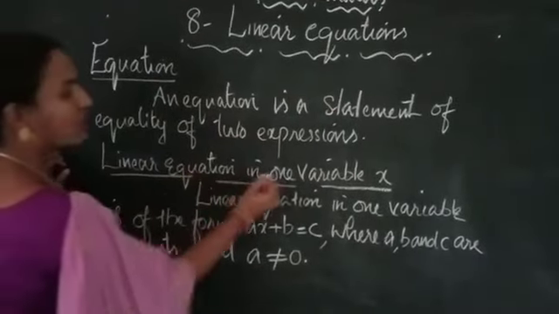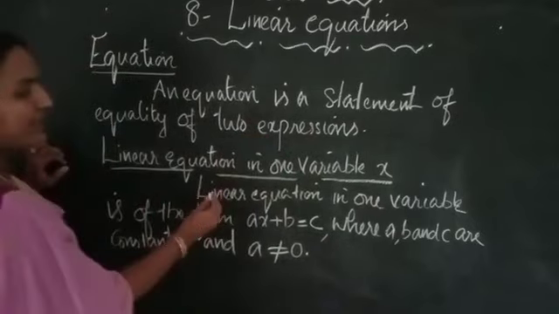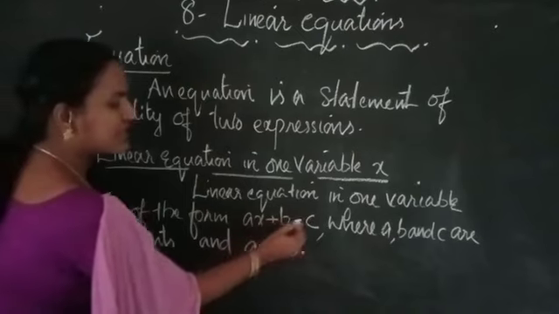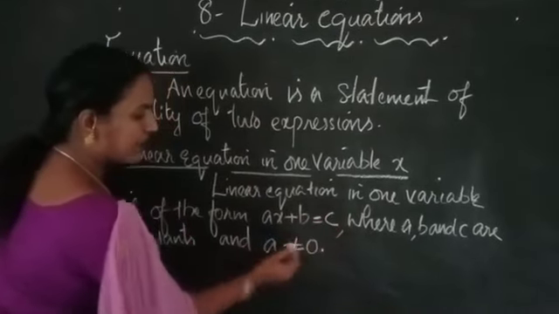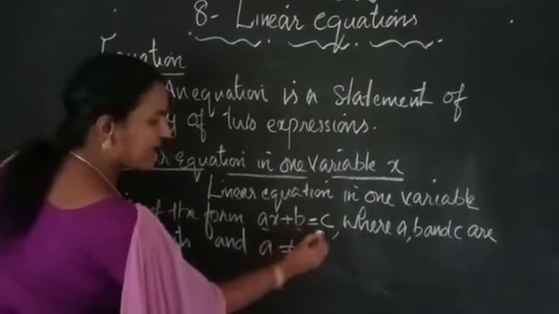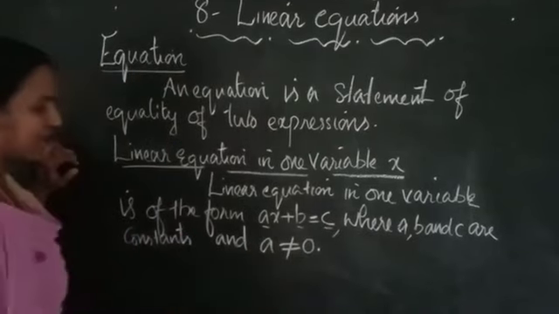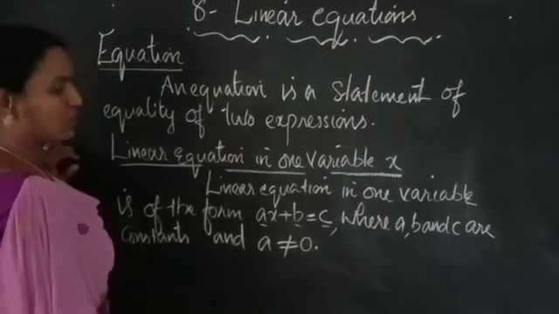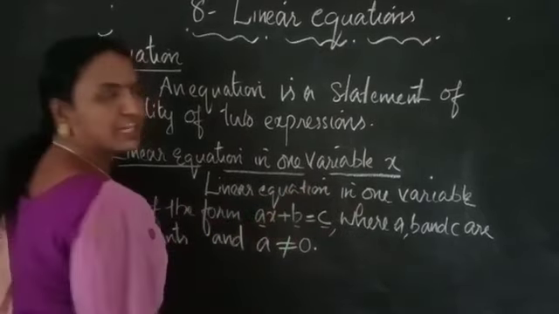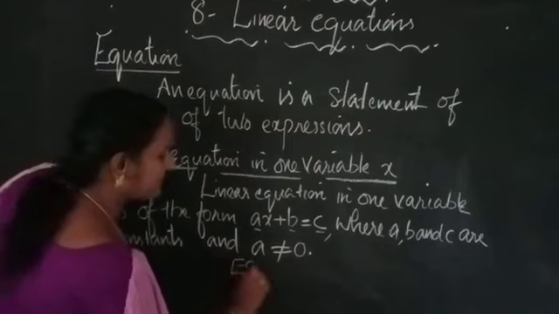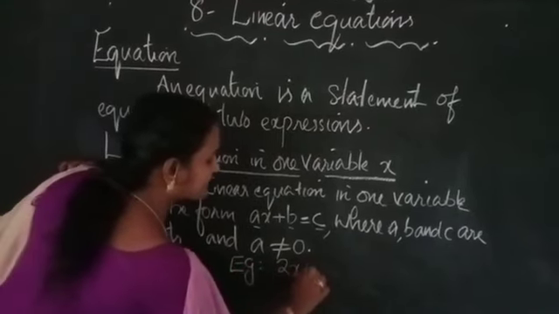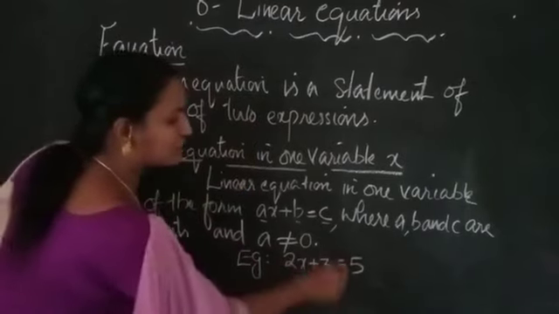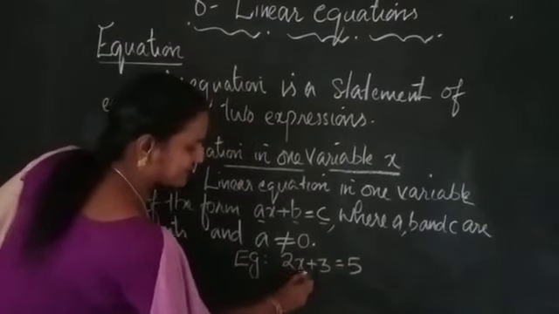For example, 2x plus 3 is equal to 5 is a linear equation in one variable x.